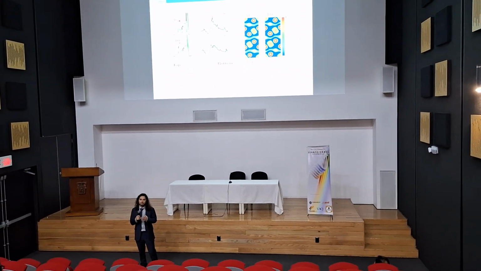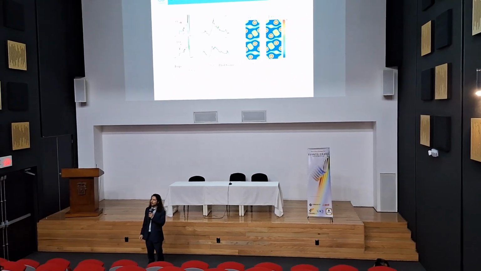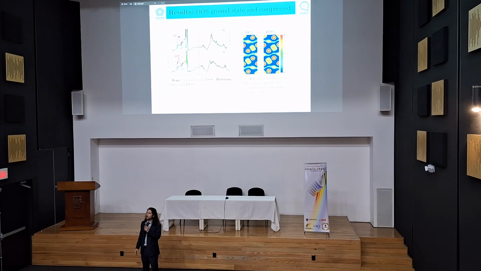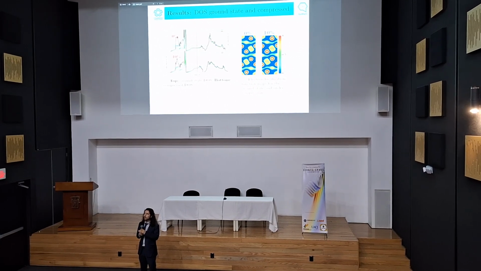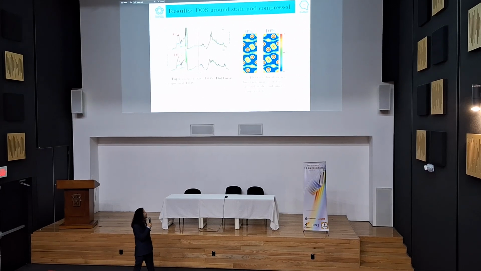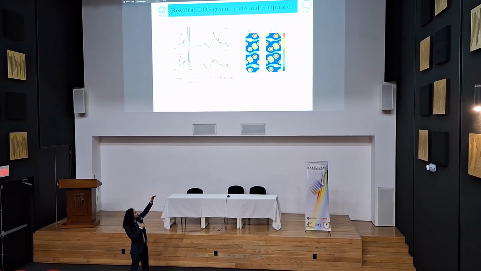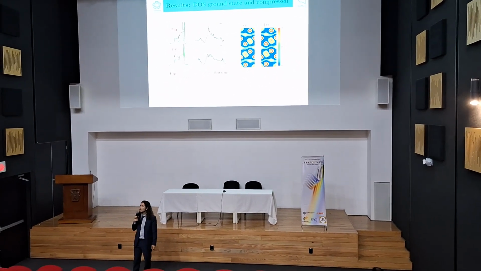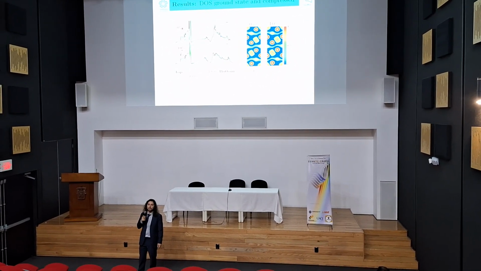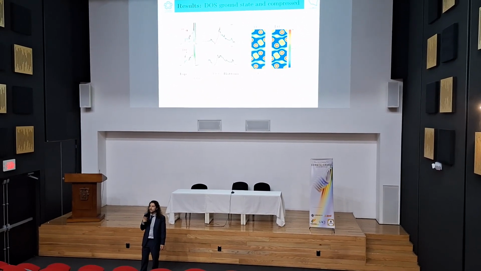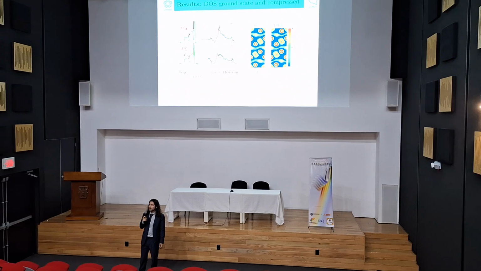And this can be seen very well in the electron localization function maps, where for the 10% compression, the anionic electrons between the layers tend to localize. Again, this shows that the electrical conductivity of the material must decrease.